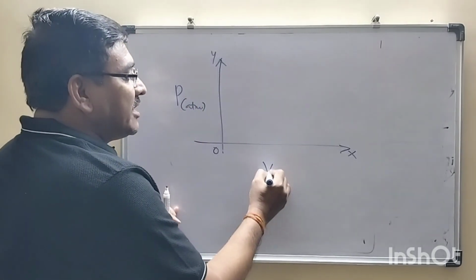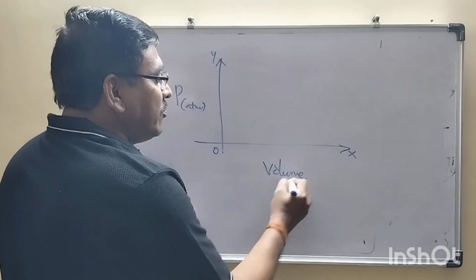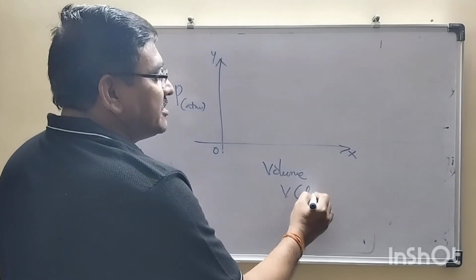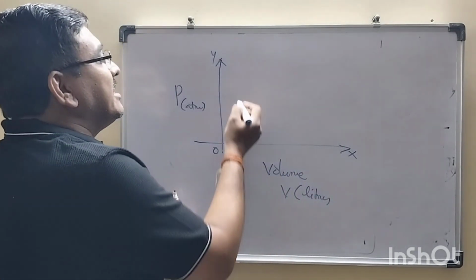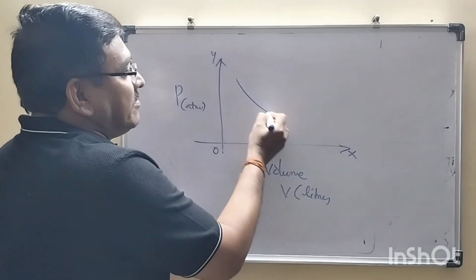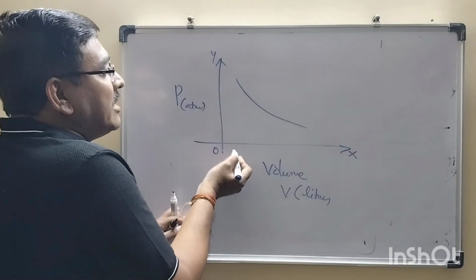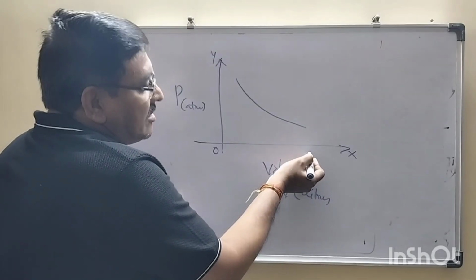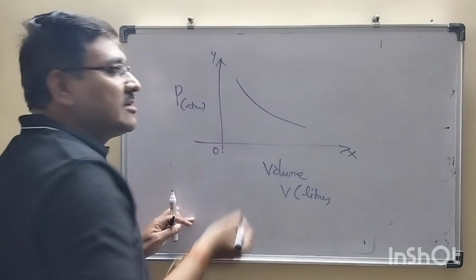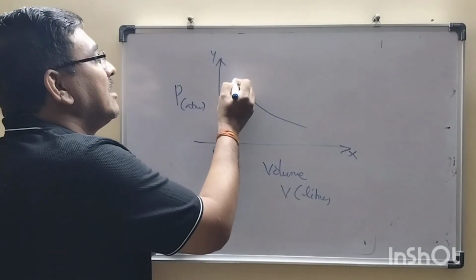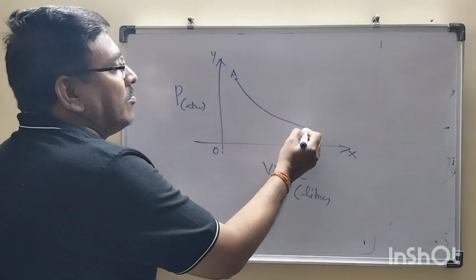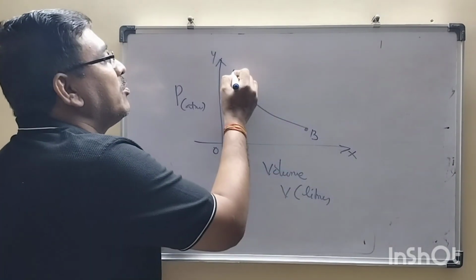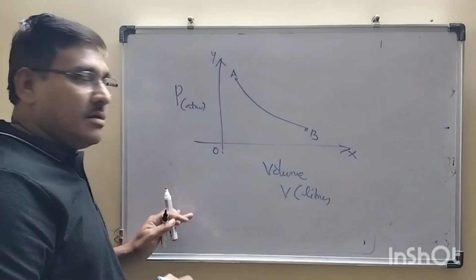On the x-axis, volume V in liters. Let us say this is the graph. As the volume is increasing, pressure is decreasing. This is point A, point B. Initial point A, final point B.